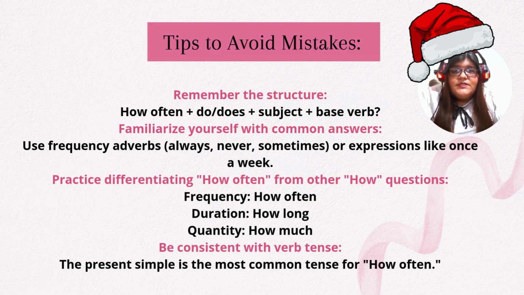Use frequency adverbs, always, never, sometimes, or expressions like once a week. Practice differentiating how often from other how questions: frequency, how often; duration, how long; and quantity, how much. Be conscious of the verb tense and so on, guys. So be careful with those details and you will speak English like a pro.